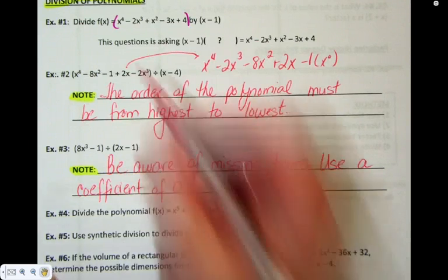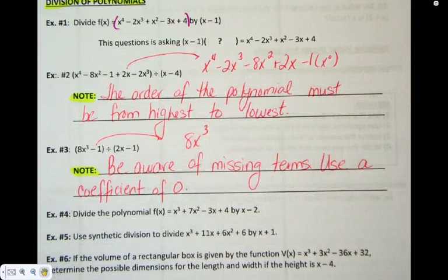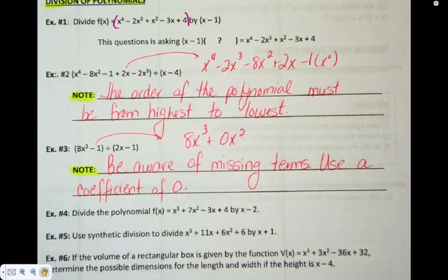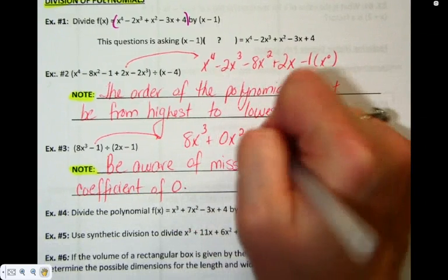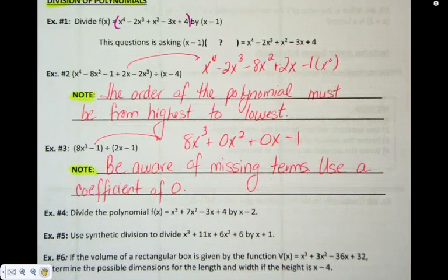So if there's anything missing, we're going to put a 0. So we're going to start with our 8x cubed, because that's the highest exponent that we have. What's missing in the middle? Well, I don't have any x squared, so I need to keep a 0. I don't have any x's, so I need a 0x. And then I would follow up with the constant. These are the two things you need to watch for, the order and missing terms.